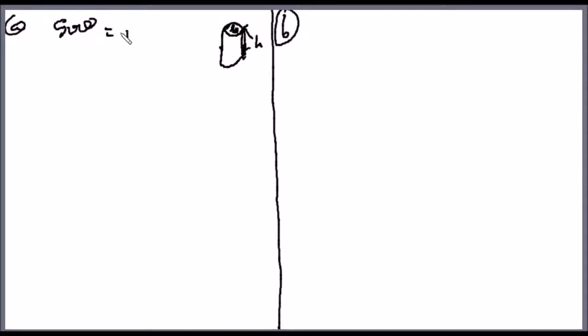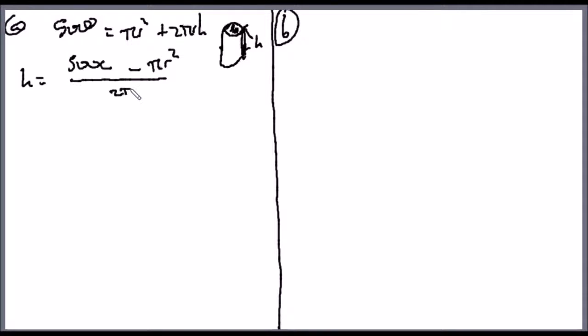So the area of this is pi r squared. That's the area of the circle underneath, plus 2 pi r h, which is the circumference of the circle multiplied by the height. We want to find the height for this, so h equals 5,000 minus pi r squared all over 2 pi r.